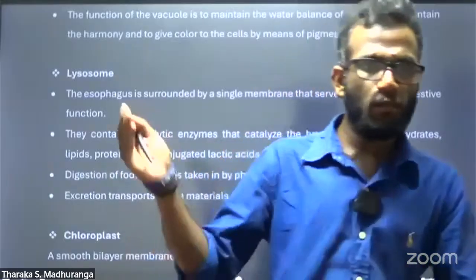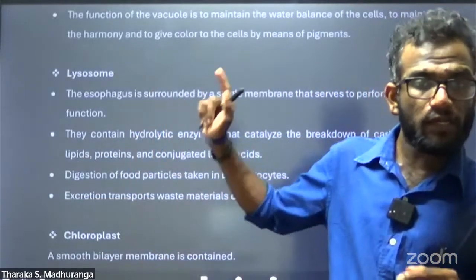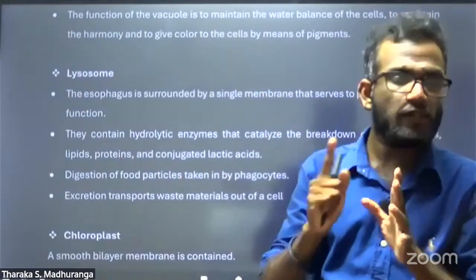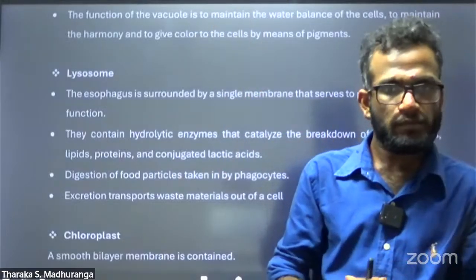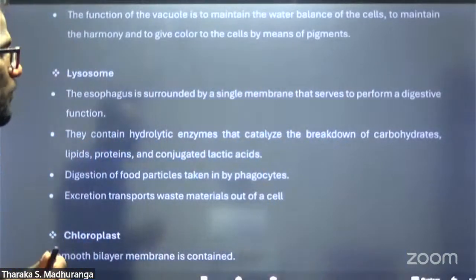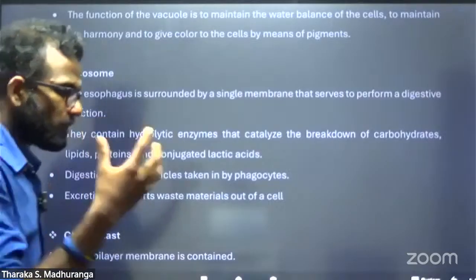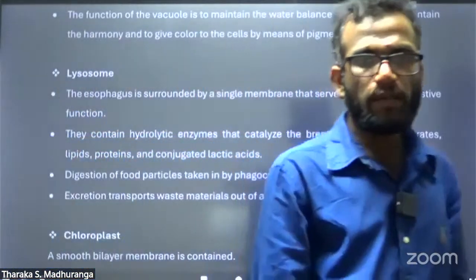Lysosomes are also present in both animal and plant cells. Even if I give it in a diagram of only an animal cell, remember that plant cells also contain lysosomes. What is the function? The lysosome function is also the same as the Golgi apparatus.